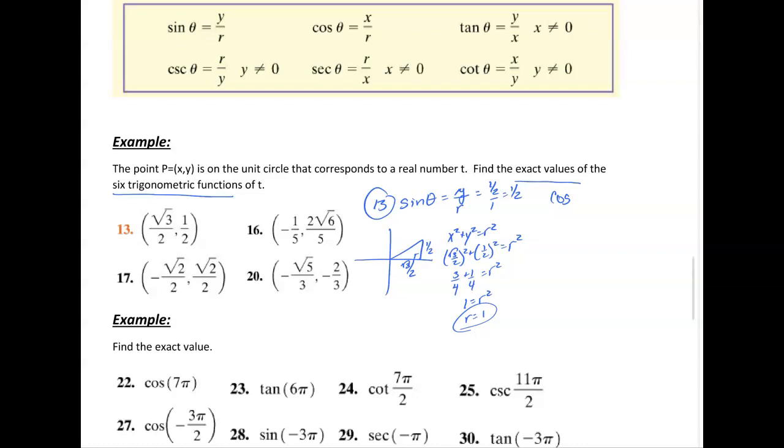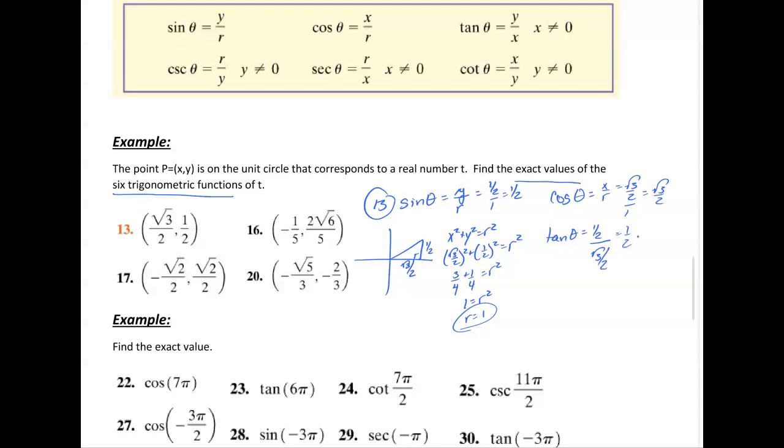The cosine function, cosine of theta, is x over r. So I'm going to get square root of 3 over 2 divided by 1, which is square root of 3 over 2. Tangent is y over x. So I'm going to have 1/2 divided by square root of 3 over 2.